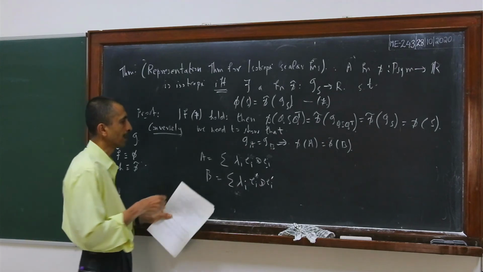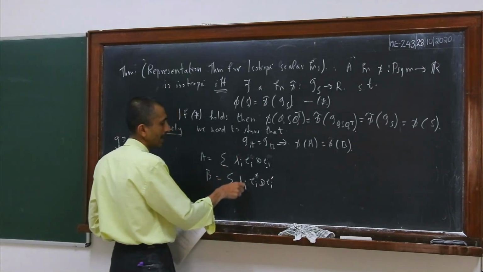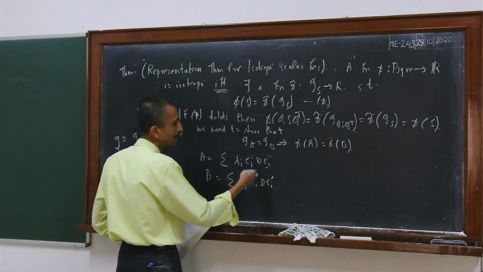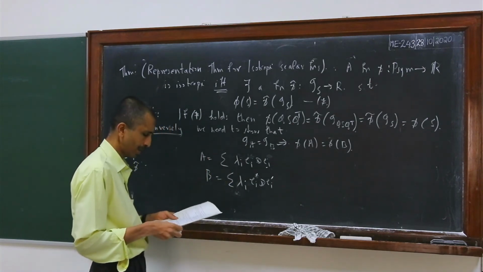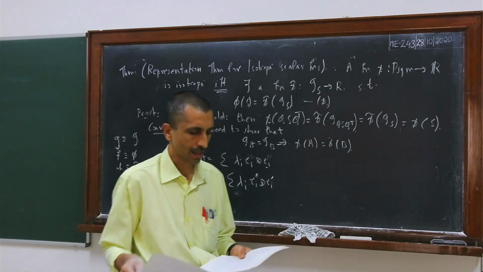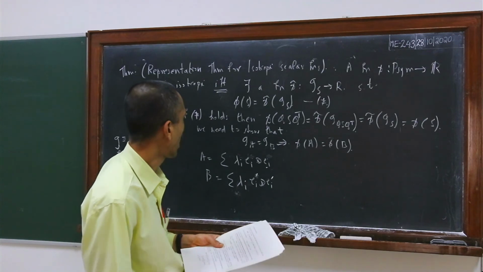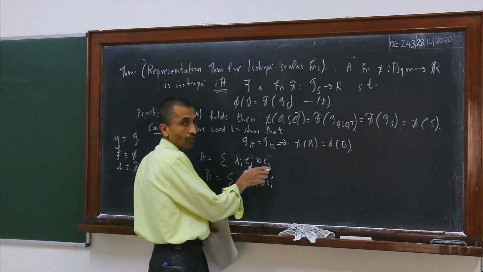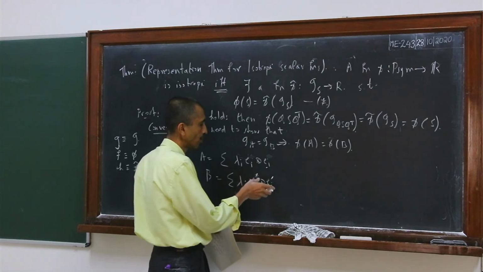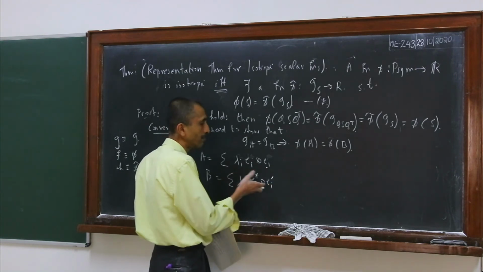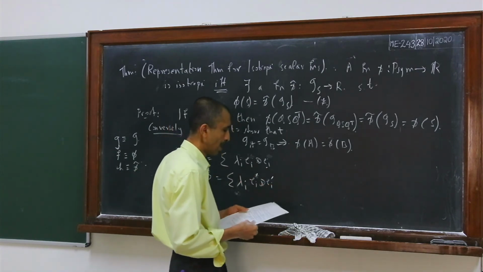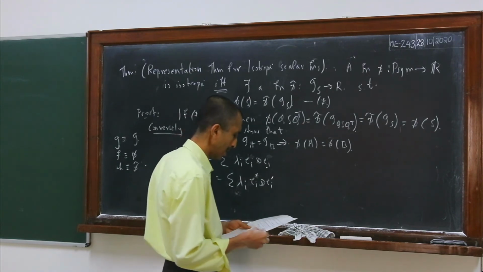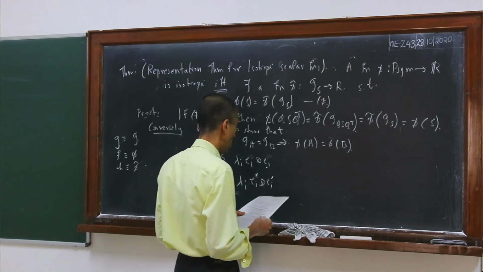So here you can see that A and B will have the same eigenvalues, but the prime means that the eigenvectors are different. Now I can connect the eigenvectors. Because both are orthonormal sets of vectors, the EIs are also orthonormal, and the EI primes are also orthonormal. So I can connect them through orthogonal tensors here.